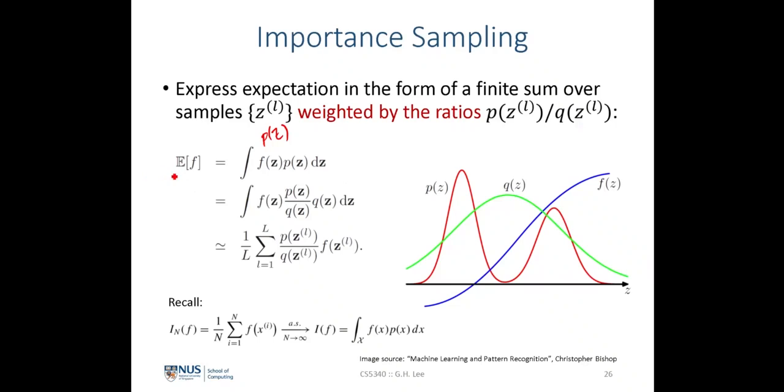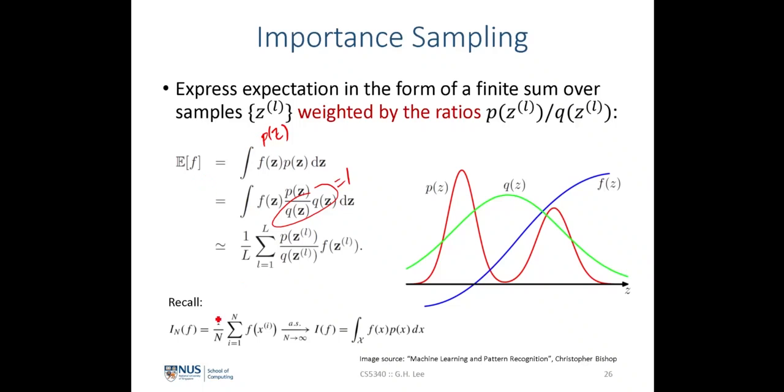Here we write the expectation of the function f as the integral of f multiplied by p, which equals the integral of f multiplied by p divided by q, multiplied by q. We make use of the trick that q divided by q equals 1 to introduce the proposer distribution into the expectation of f.